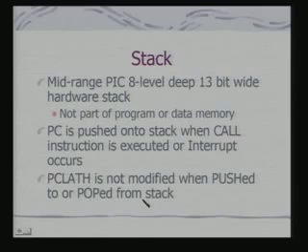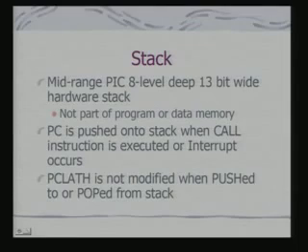The stack is 8 levels deep; typically mid-range PIC has an 8-level deep stack. That means it can store 8 values, 8 13-bit values. And obviously the PC is pushed onto the stack when there is a call or whenever an interrupt occurs.